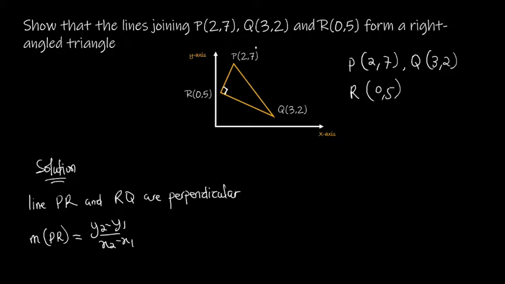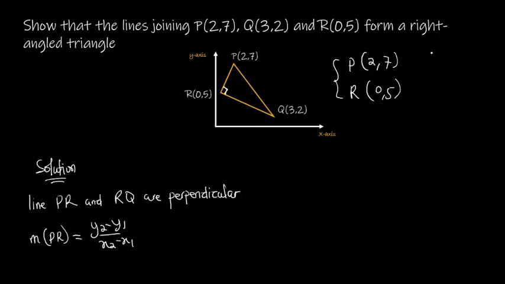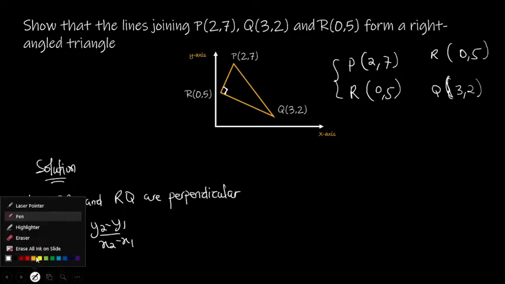So this is for the first line, P and R. The second one is R and Q. So let me erase this. So for R and Q, for R, I have (0, 5), and then for my Q, I have (3, 2). Alright, so I can now go ahead and label my points.